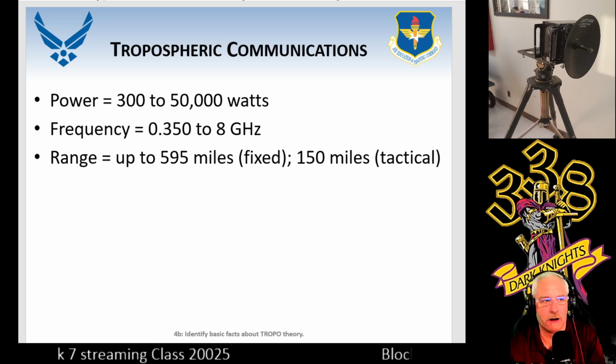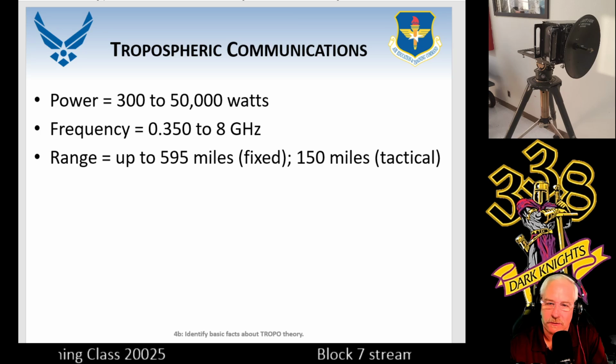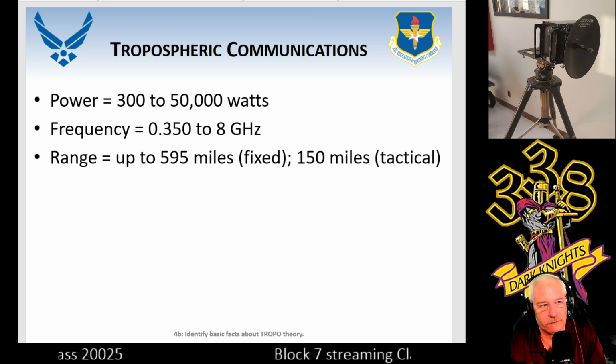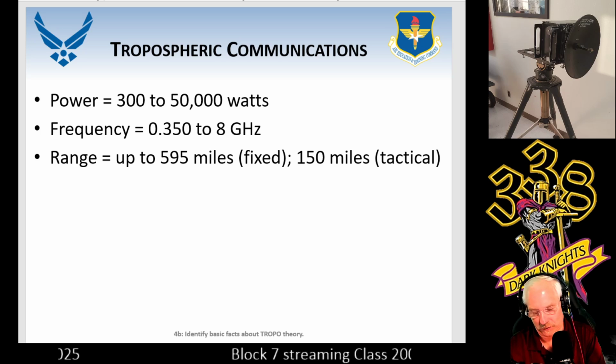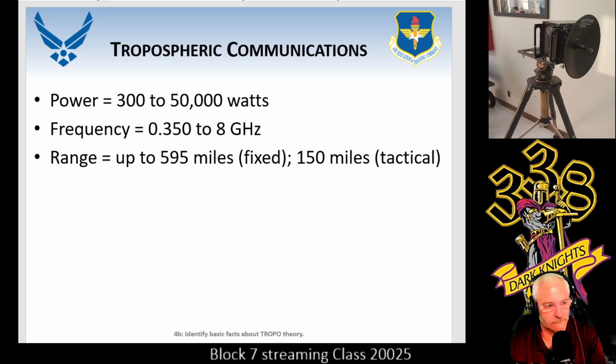Range is up to 595 miles fixed, and it depends on what credible website you go to. It will be anywhere from about 580 to 610. I don't know why they chose 595. No idea. Might be one of the older pieces of equipment they pulled the 595 from, but it still fits within that range.